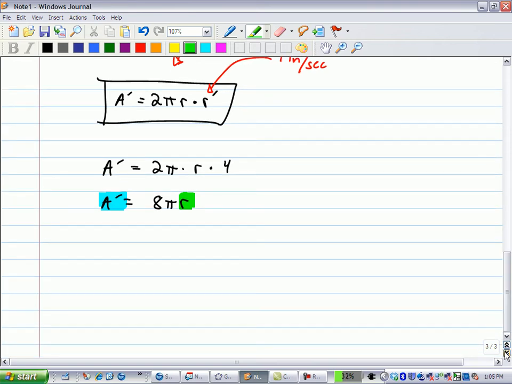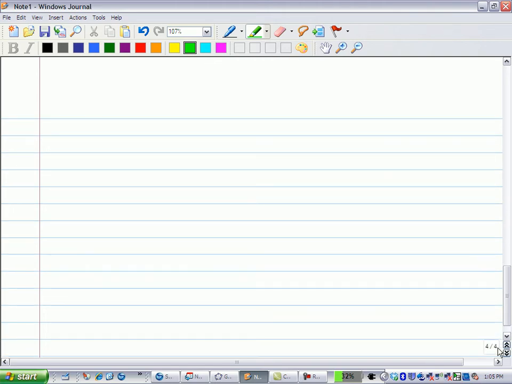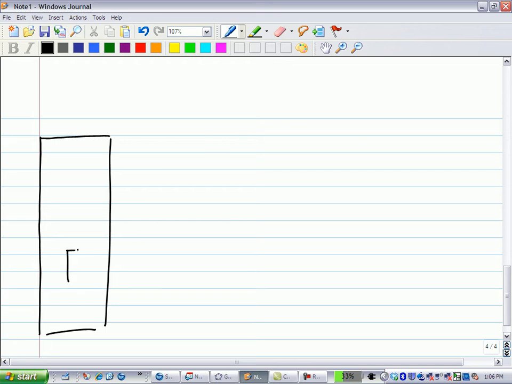I'll do a more concrete example. Okay, so we're going to shift gears, go to a different problem, but one that I think you can imagine a little bit better. We have a building.